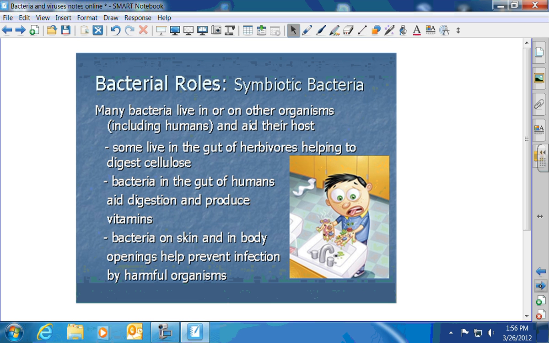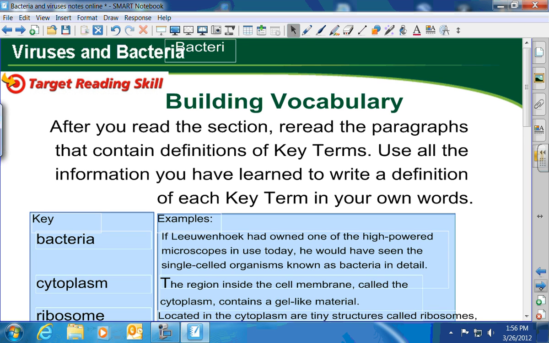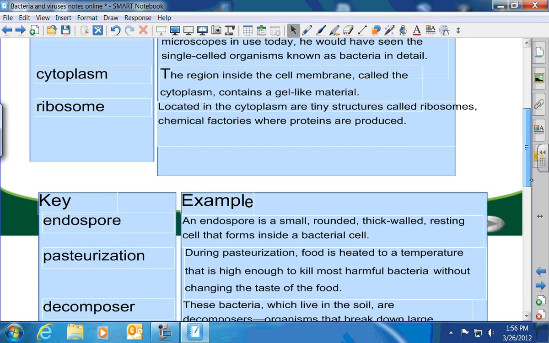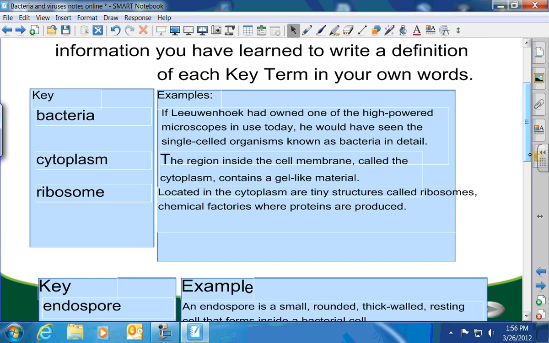Let's see, what else do we want to talk about? I think we've covered everything, but I want you to check over your chapter, and if there's anything else that you need, check that out. Building vocabulary. Here's some vocabulary I want you to look at. Bacteria. Leeuwenhoek could own one of the high-powered microscopes in use today. He would have seen the single-cell organism known as bacteria in detail.